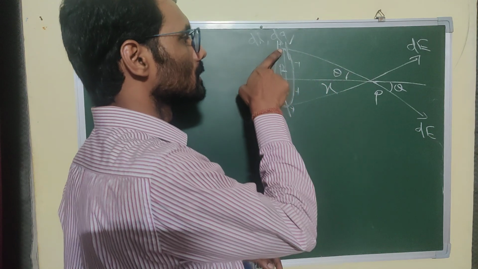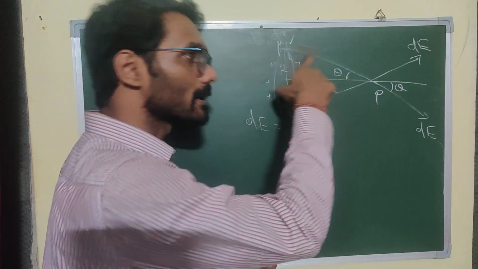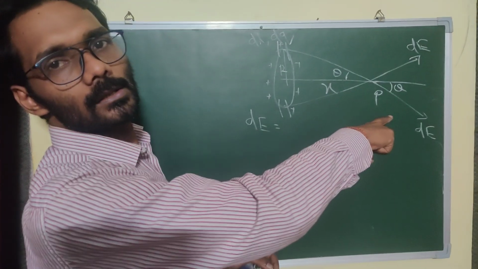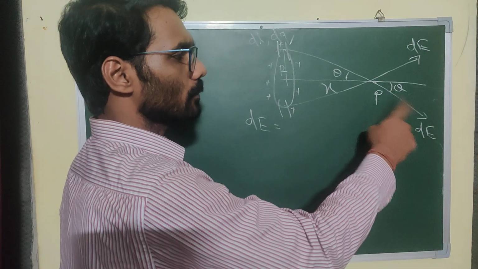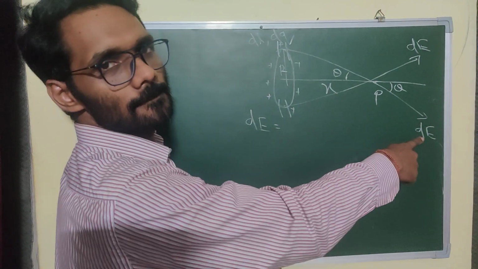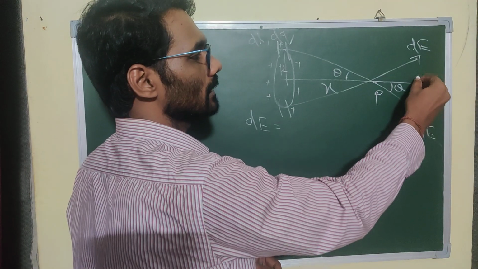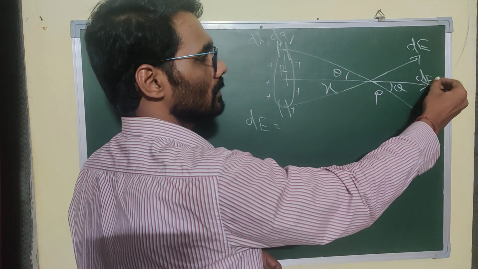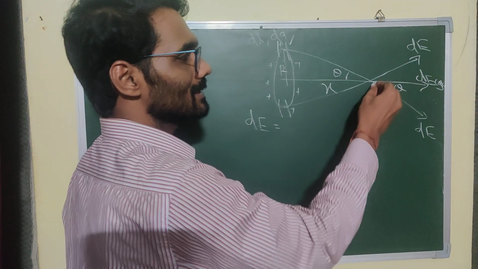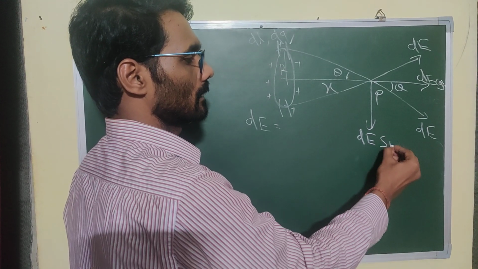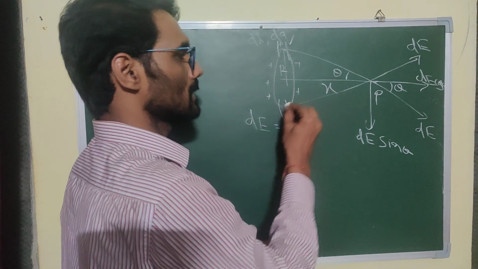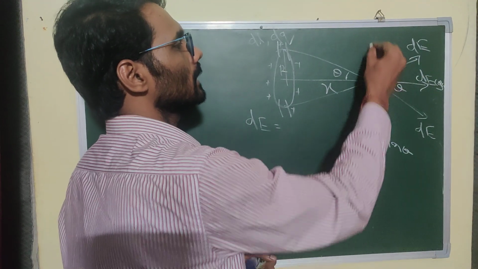See, this is a positive charge, electric field will be away from the plus charge. So a component will be there for this dE. So this is dE cos theta, and this is dE sin theta. Likewise, dE cos theta, dE sin theta.